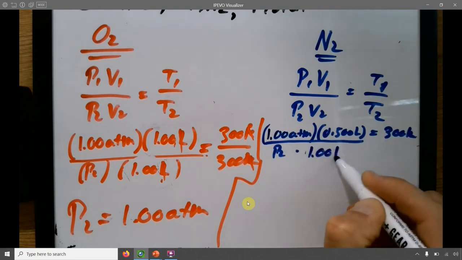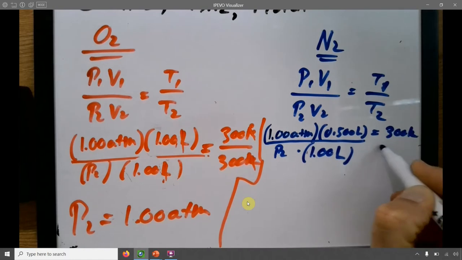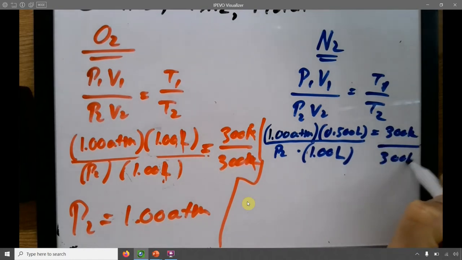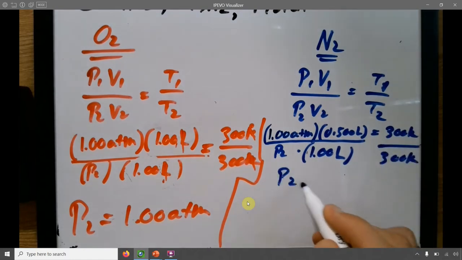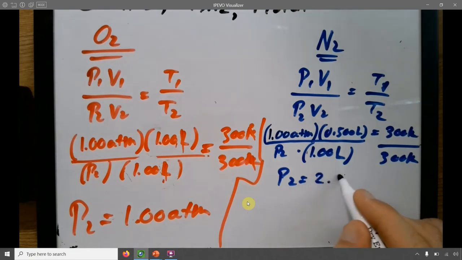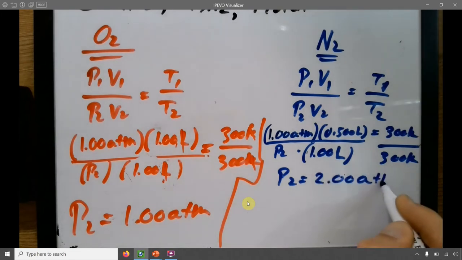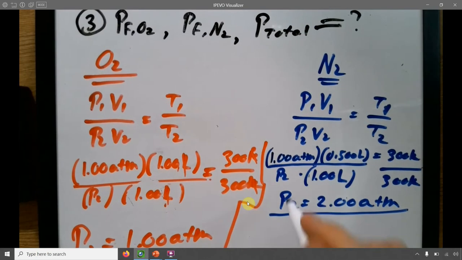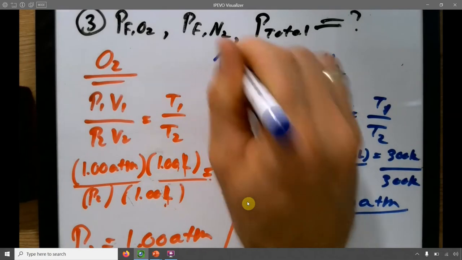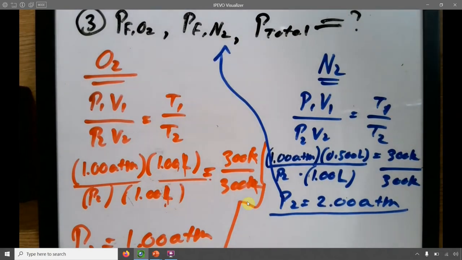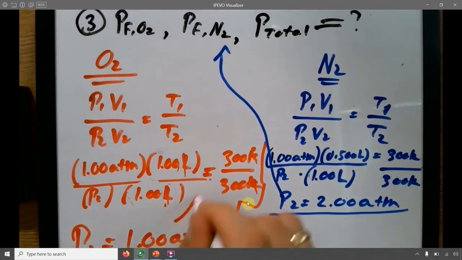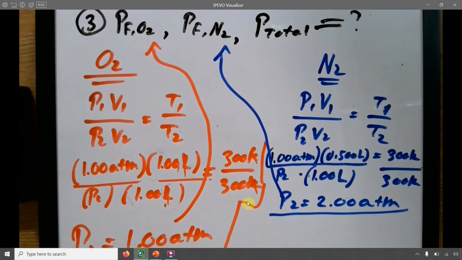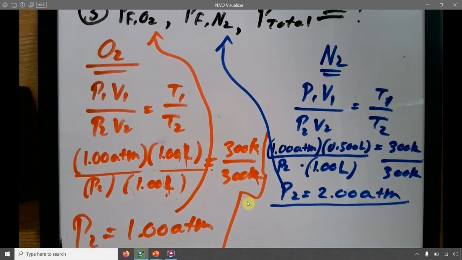They both got mixed into a 1 liter bottle. And my final temperature is also 300 K. So my P2 here is going to be 2 atm. This is the final temperature of nitrogen, that's this. This is my final temperature for oxygen, that's that.